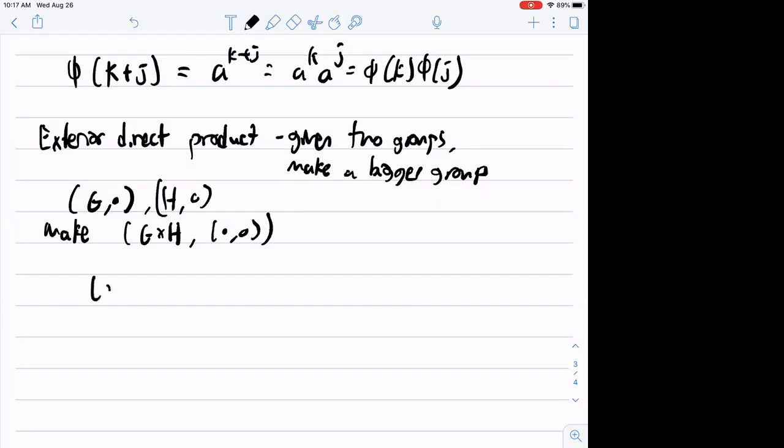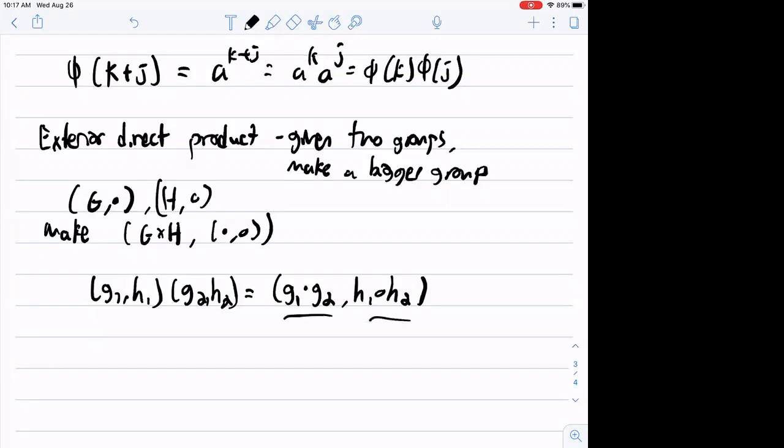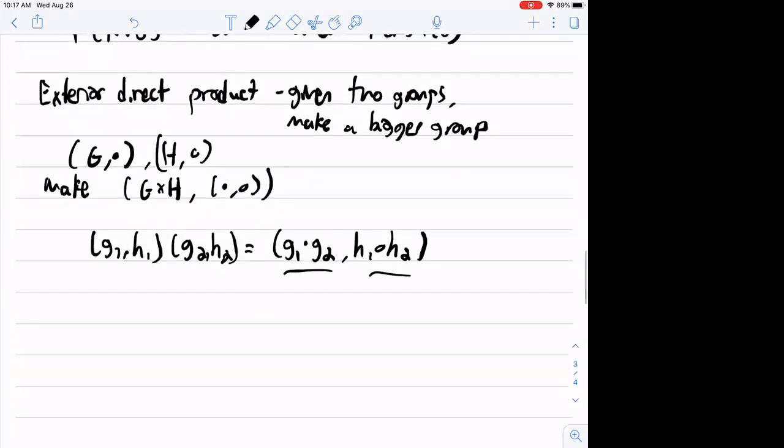So for (g1, h1) and (g2, h2), by definition the operation is (g1 dot g2, h1 circle h2). This is probably obvious, or probably the only way you can make a group. It turns out you can do something else, but this seems like the most obvious choice: you just do everything component-wise.